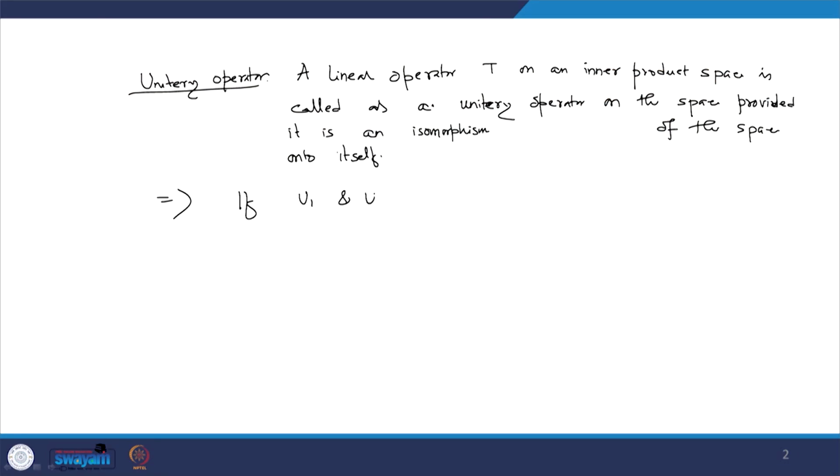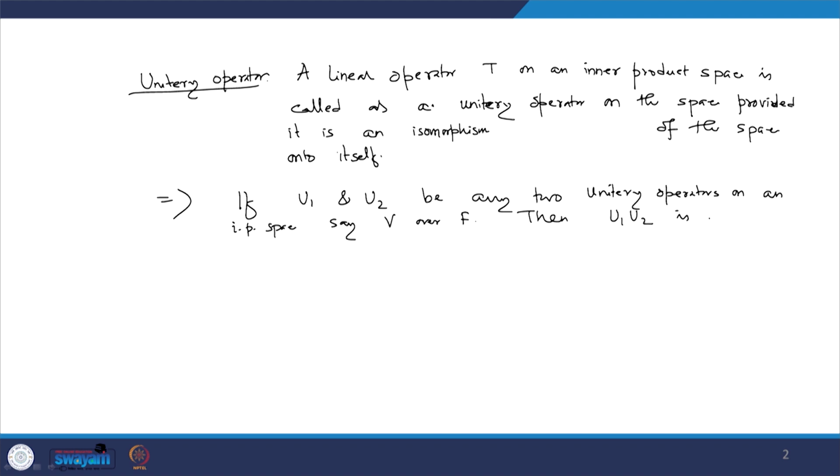So, this implies: if U1 and U2 are any two unitary operators on an inner product space V over a field F, then U1 into U2 is also a unitary operator on V. How?